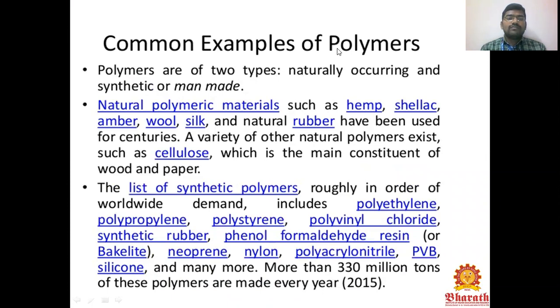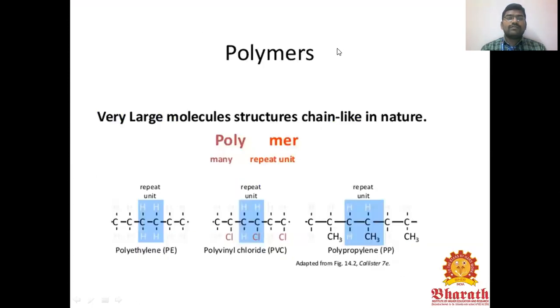The list of synthetic polymers, roughly in order of worldwide demand, includes polyethylene, polypropylene, polystyrene, polyvinyl chloride, synthetic rubber, phenol formaldehyde resin or bakelite, neoprene, nylon, polyacrylonitrile, PVP, silicone, and many more. More than 330 million tons of polymers were made every year in 2015, and even now tons of polymers are being prepared.